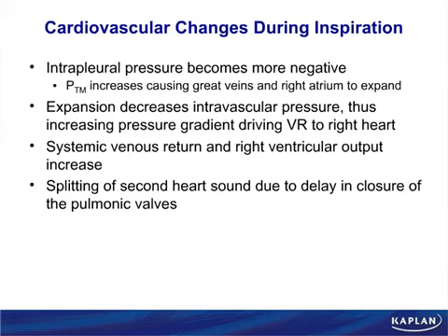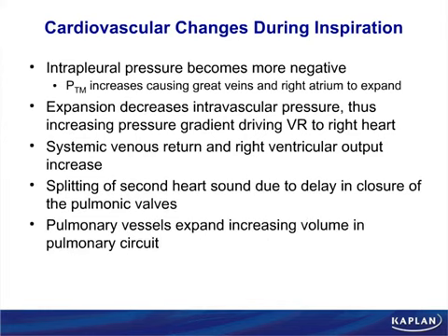Now, pulmonary vessels are going to expand. When we think about the pulmonary circulation, we think of veins, even on the pulmonary artery side. So both arteries and veins, the transmural pressure gradient is going to go up. So that vasculature is going to expand, increasing the volume in the pulmonary circuit.